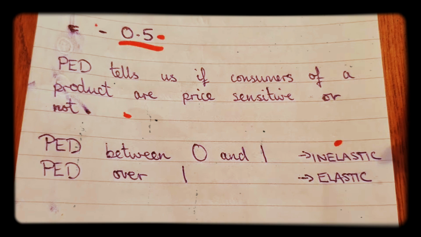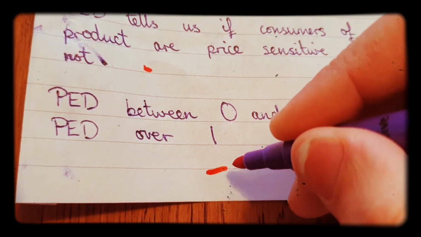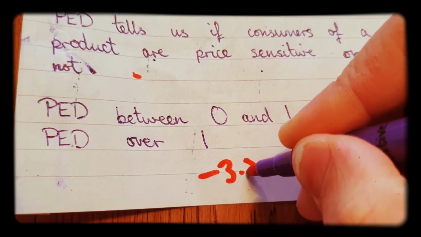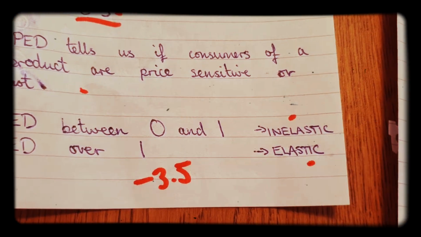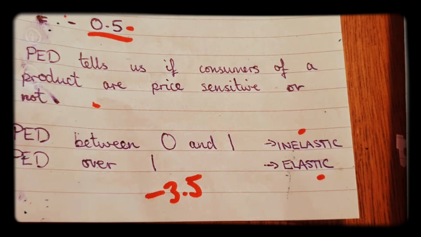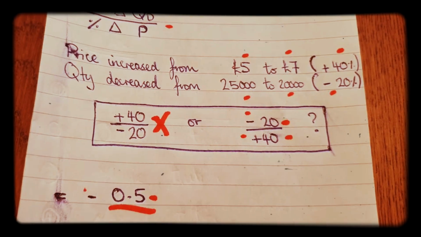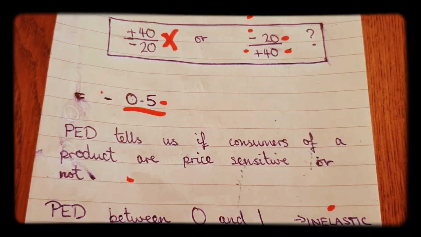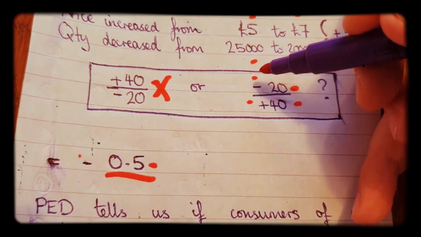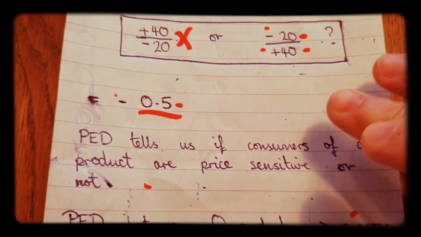Okay, if the PED was over 1, so for example, if the PED we worked out was minus 3.5, then that would mean the consumers are very elastic, they're very sensitive to price changes in the market. Okay, so that's what this means, when you interpret the figures. So our little example up here, the consumers were price inelastic. Well, the good was price inelastic.